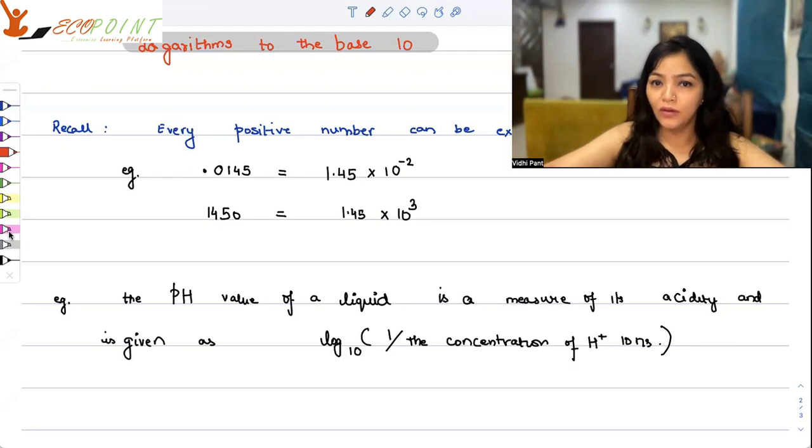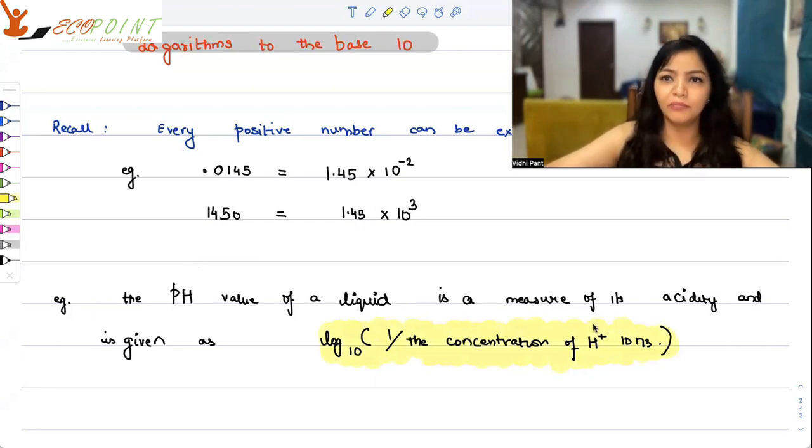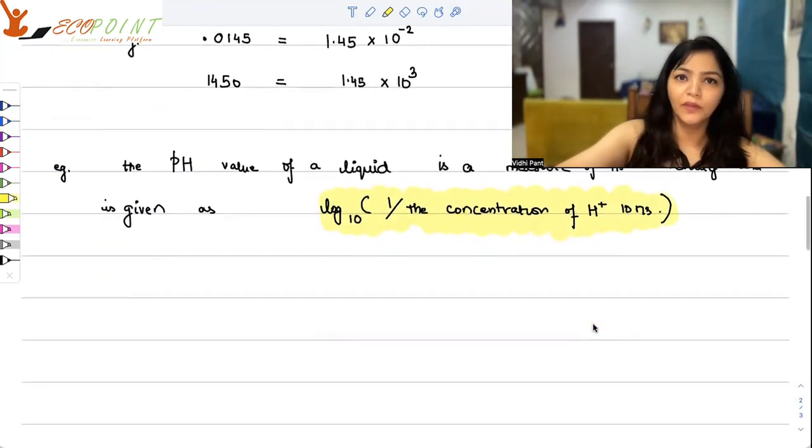It's given as log base 10 of 1 upon the concentration of isolated hydrogen ions, okay? This is one of the examples. There could be more such examples for that matter. That's how base 10 logarithms are used.